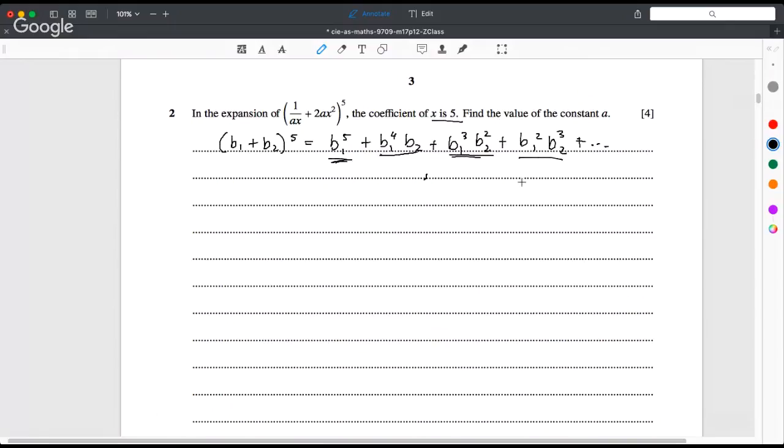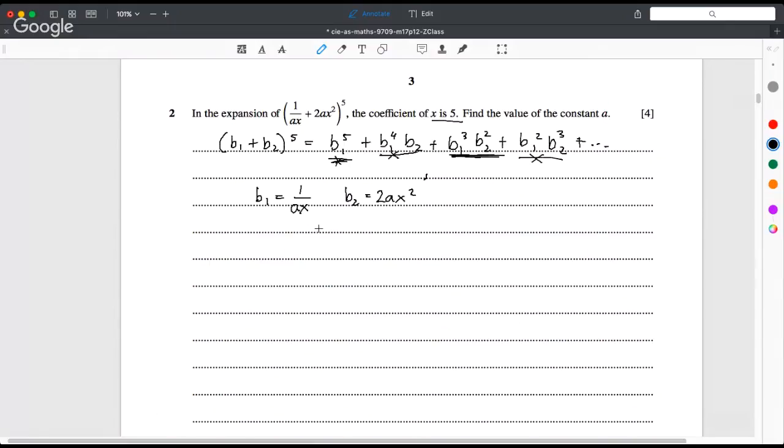And then this one is going to be x to the 6th divided by x squared, which is x to the 4th, which is no good. So none of the other powers are going to work. It's going to be this one only. And so in our case, b1 is 1 over ax, and b2 is 2ax squared.